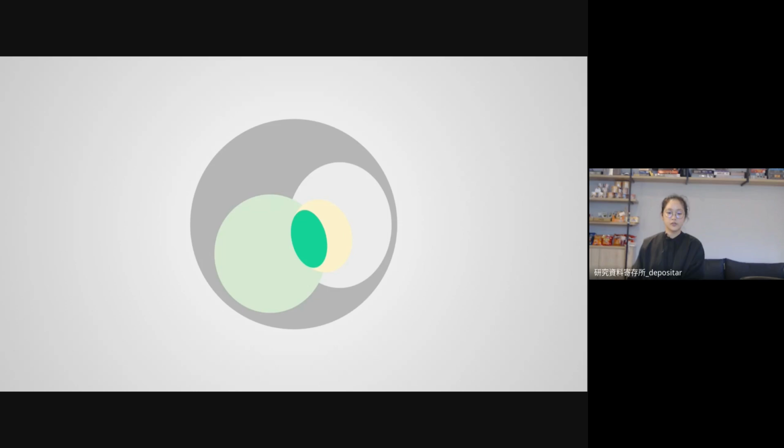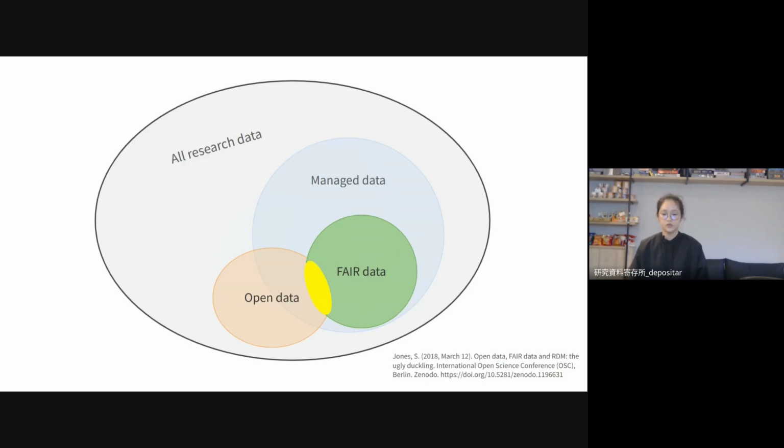So this visual on the slide is probably very familiar to you because it's used on our poster, registration form, and also our welcoming page earlier. This is where the original idea was from. It's a presentation slide from 2018 by Sarah Jones at the International Open Science Conference.